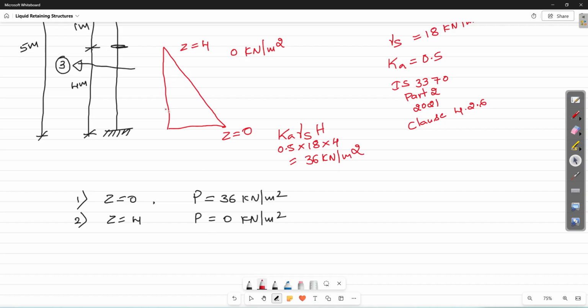See here, your soil pressure is acting along the local axis 3. So here it is plus 36. While your water pressure is acting opposite to your local axis 3. So there I have considered it as minus. So here it is plus only. Okay. So you know the equation.